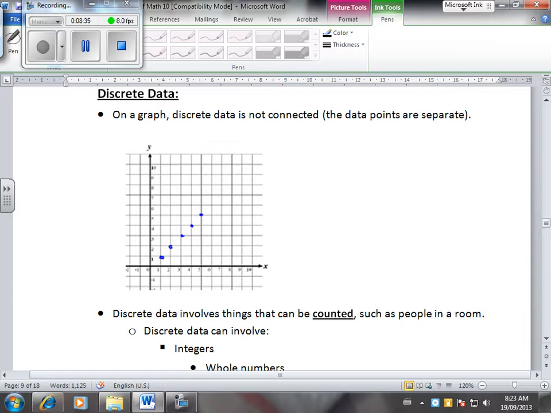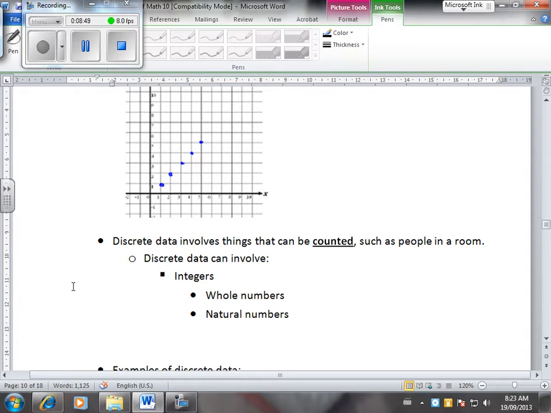And discrete data is not connected. So there's no line. You have separate data points. So if you look here, you have separate points. You have no line. And there's no data points in between.